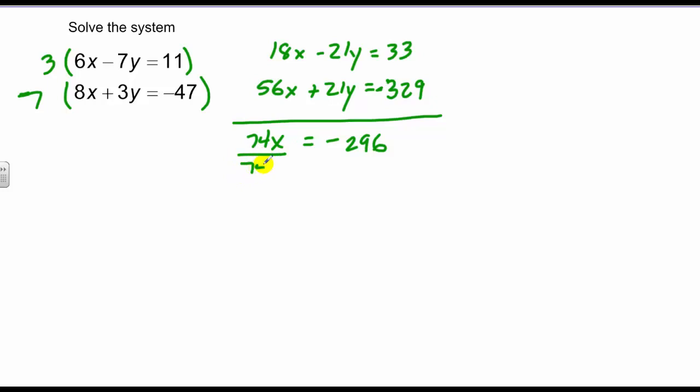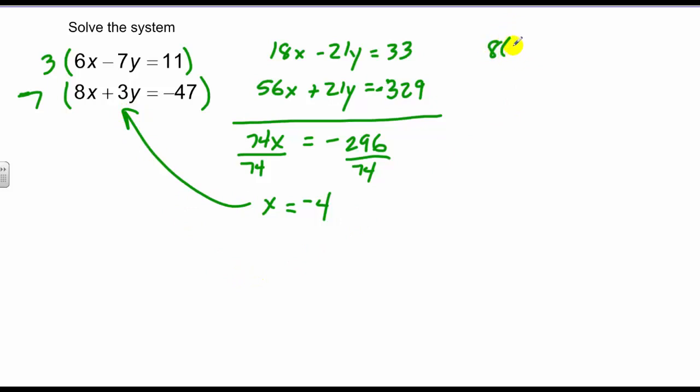Divide by 74 on both sides, and that's going to give me a total of negative 4. I've got to find y, so I'm going to plug back in.